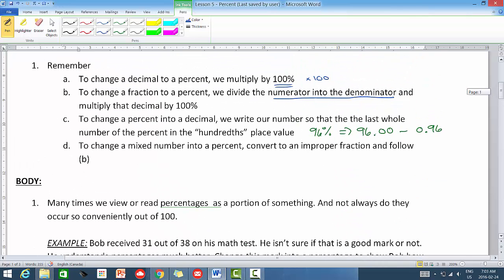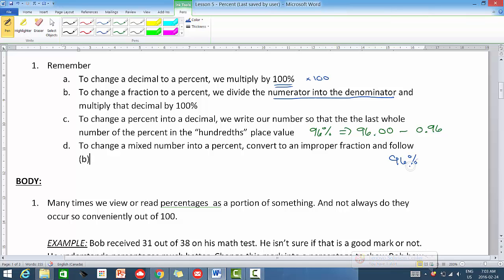Okay. To change a percent into a decimal, we write our number so that the last whole number of the percent is in the hundredths place value. For example, we take our percentage as 96%.